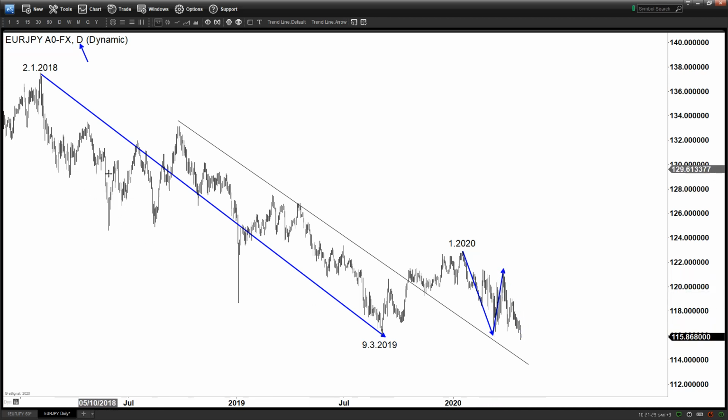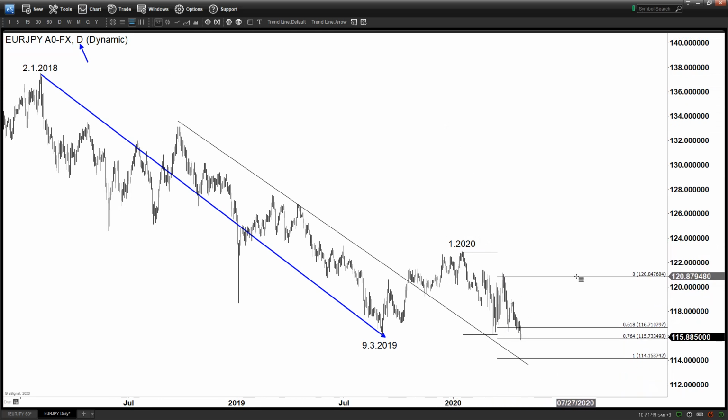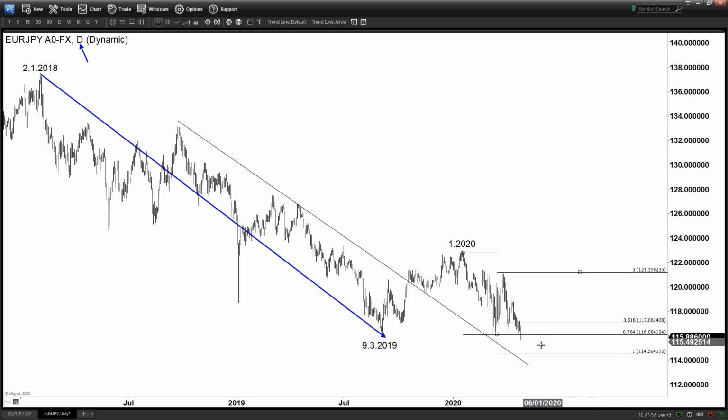So if we just focus on the shorter cycle that comes down from January 2020, assuming this is a simple ABC or WXY 3 swings, then you can see that we could potentially go to the minimum target, which is the 100%, which comes at 114.5, right? That will be the short-term target on the downside. If we just look for equality in the sequence, that should give us around 114.6 or 114.5 to the downside.